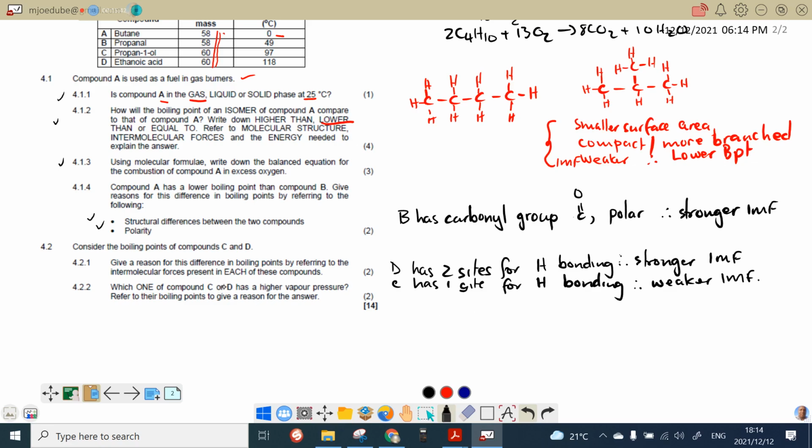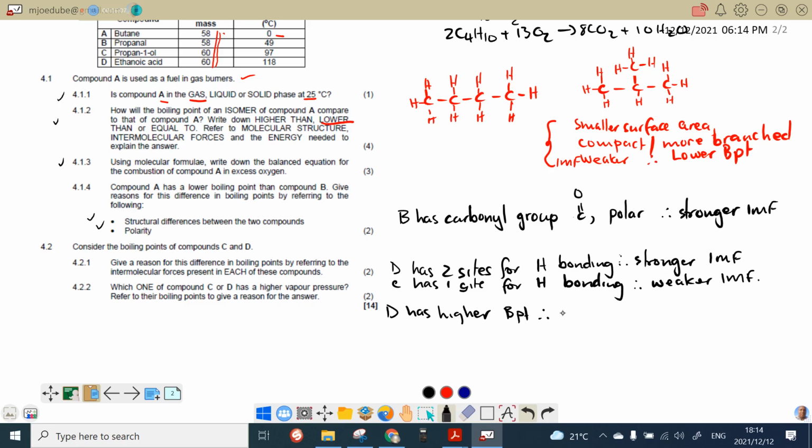4.2.2, which one of the compounds C or D has a higher vapor pressure? Refer to their boiling points to give a reason for the answer. So when you look at D, we say D has got two sites, so D has a higher boiling point.